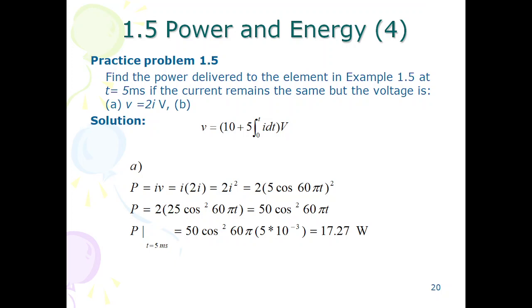Then we substitute the value of v, that is 2i, and it becomes 2i square. Now we substitute the value of i, which is 5 cos 60 pi t. After solving it, we substitute the value of t, and the answer is 17.27 watt. Now we go to part 2.